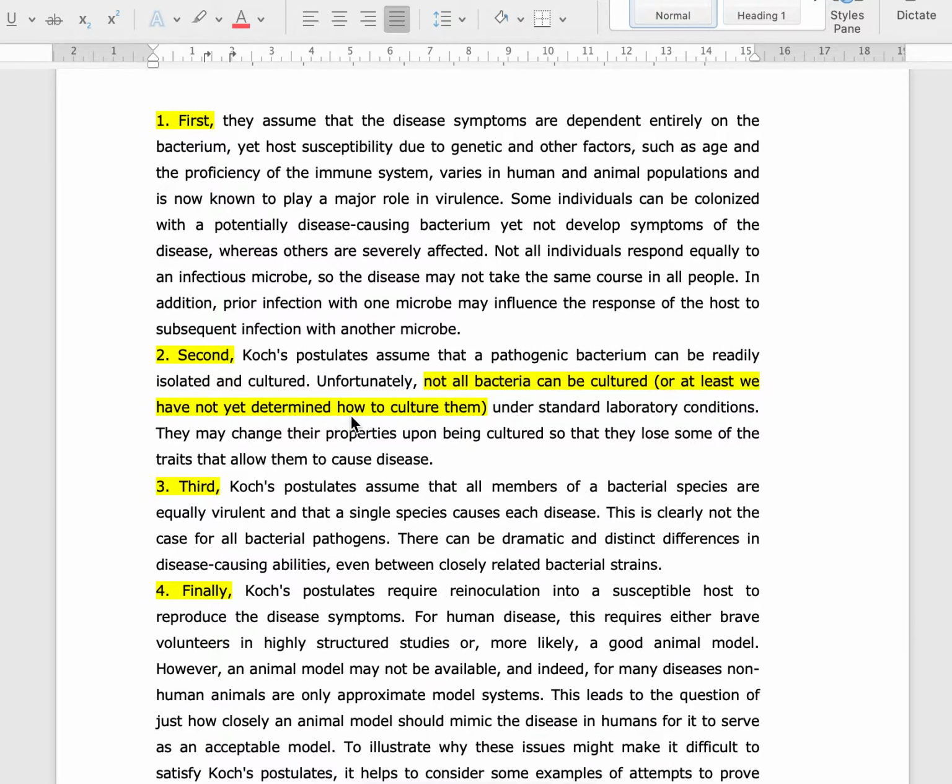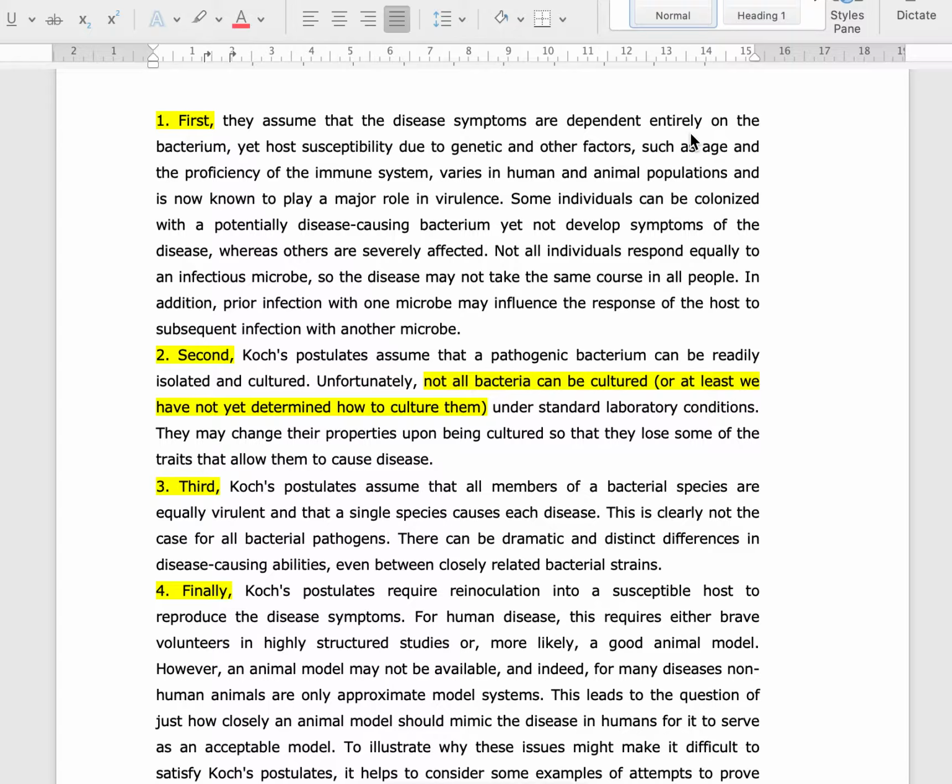The first limitation is based on the first of the original Koch's postulates. It is assumed that the disease symptoms are dependent entirely on the bacteria. Why? Because the first postulate states that the putative pathogen should be present in a diseased host but absent in a healthy host.